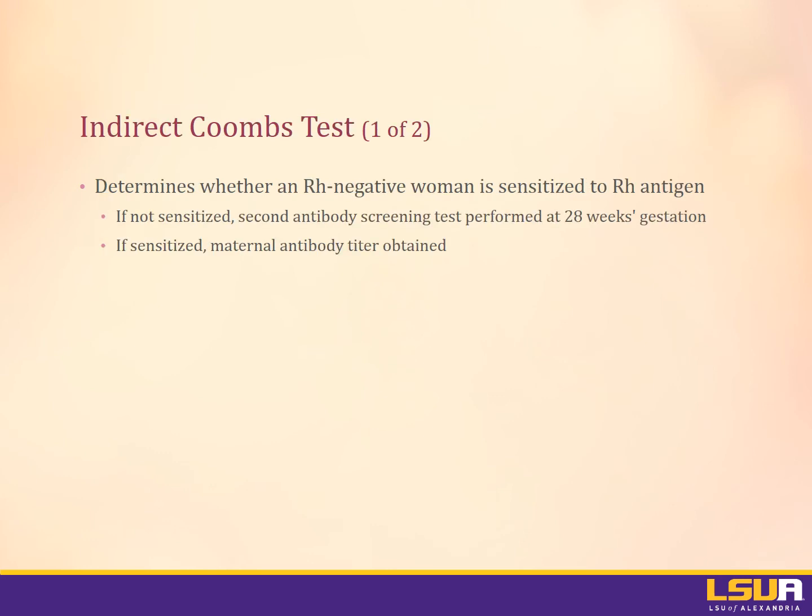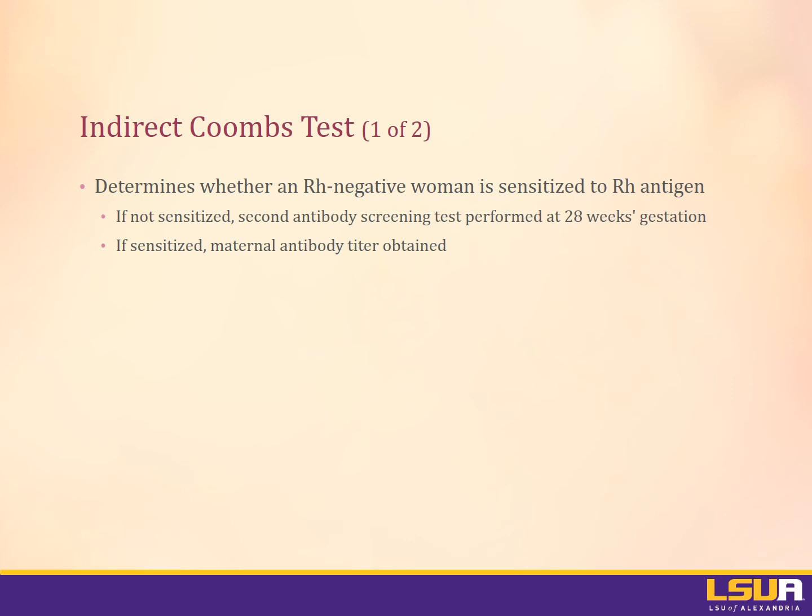The indirect Coombs determines whether an Rh negative woman is sensitized to the Rh antigen. If she's not sensitized, the second antibody screening test is performed at 28 weeks gestation. If sensitized, the mother's antibody titer is obtained. And I need to redirect myself.